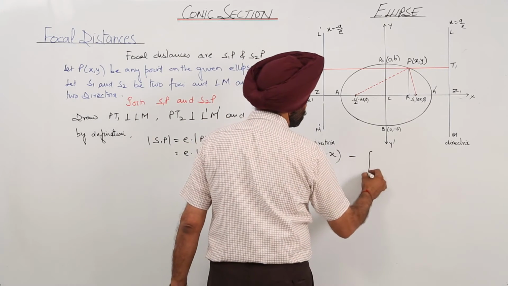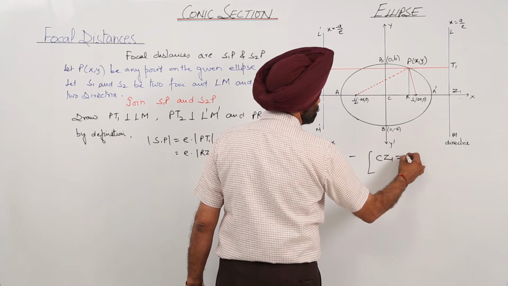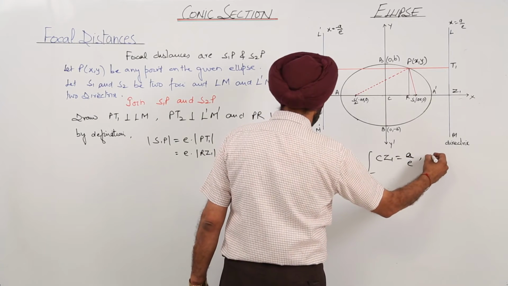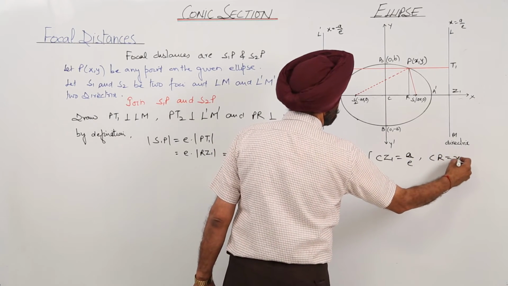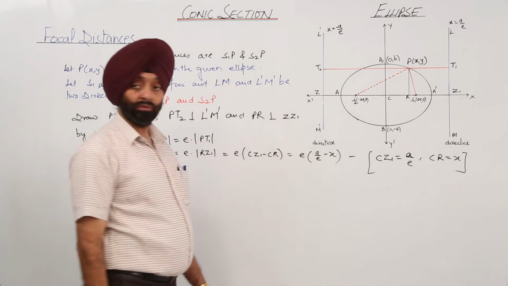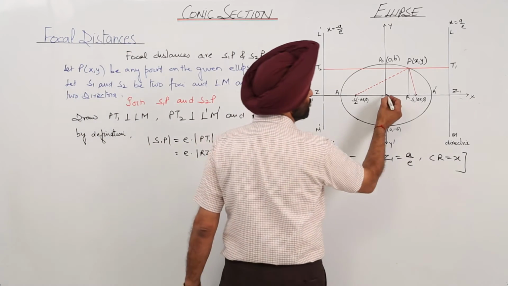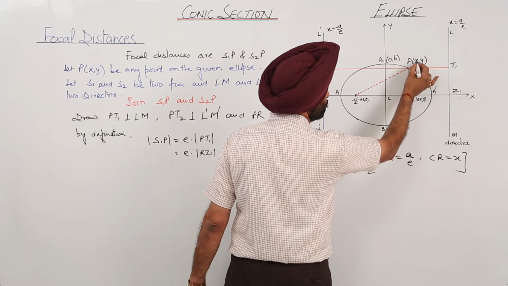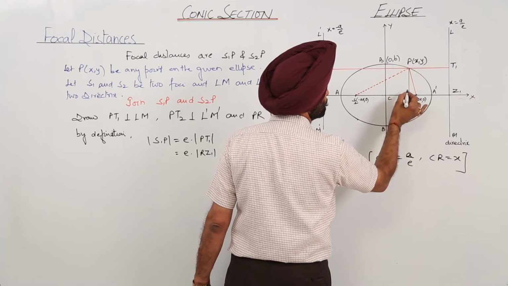Now CZ1 is equal to a/e and CR is equal to x. Is it clear? C is the center, the origin, so the point is (x, y), CR is x and RP is y.